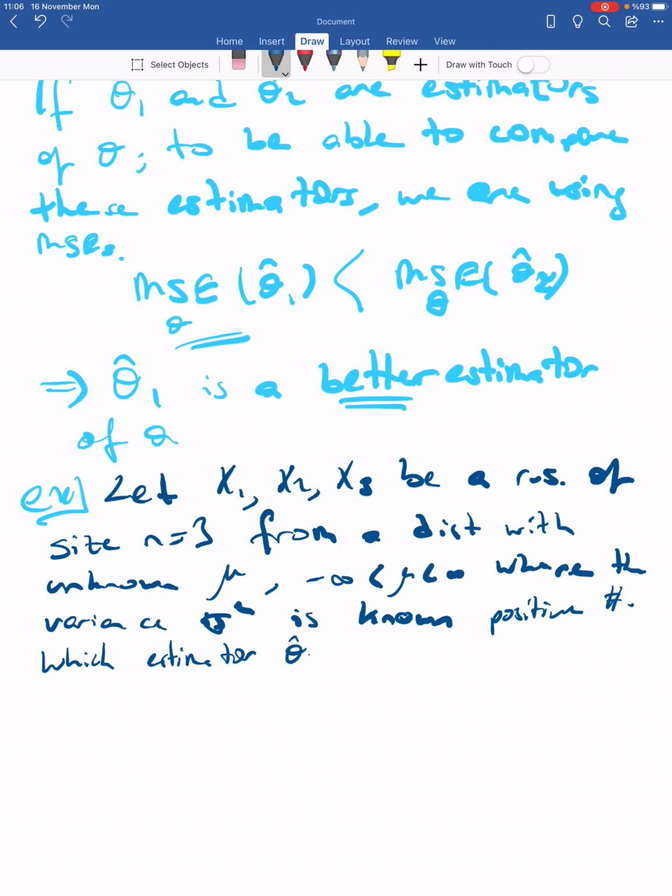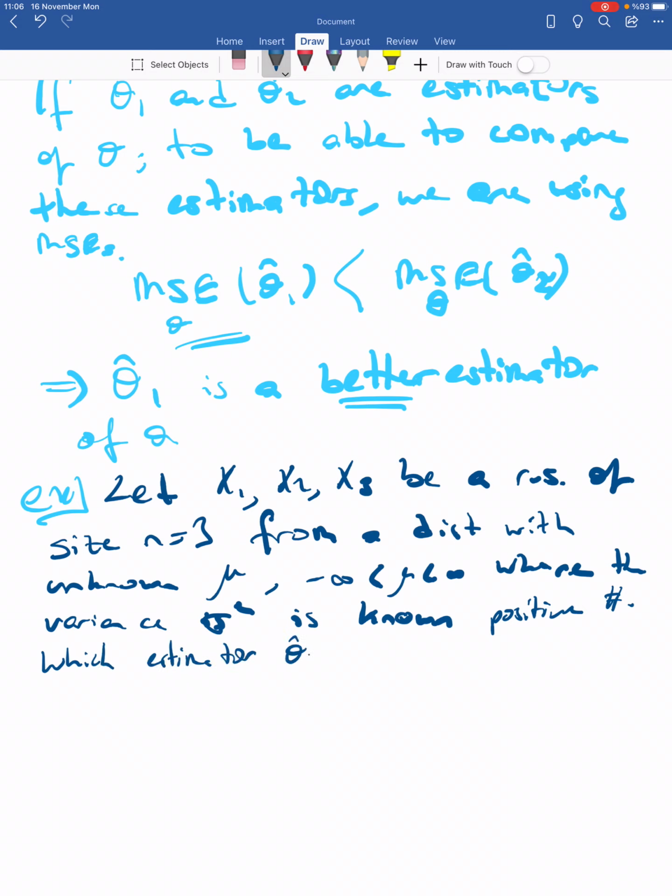Which is a better estimator of mu? In such cases you have to consider mean square error. You have to find the expectation and the variance of these two estimators. Then you calculate the mean square errors and compare which one is smaller. The smaller one is the better one.